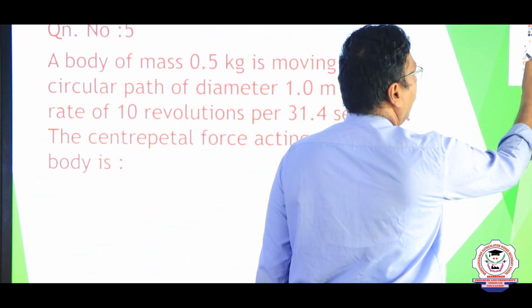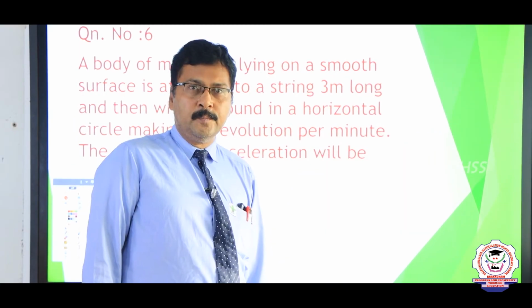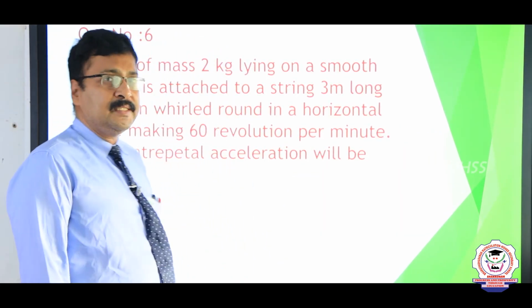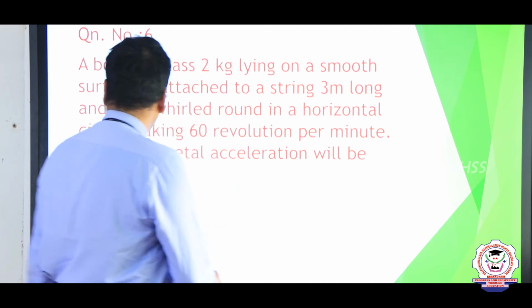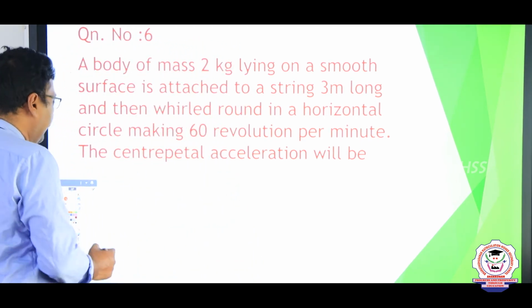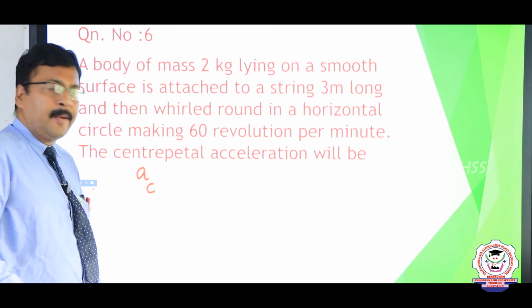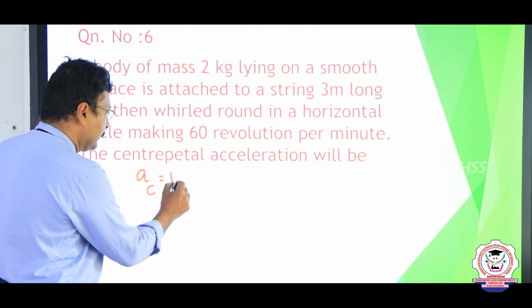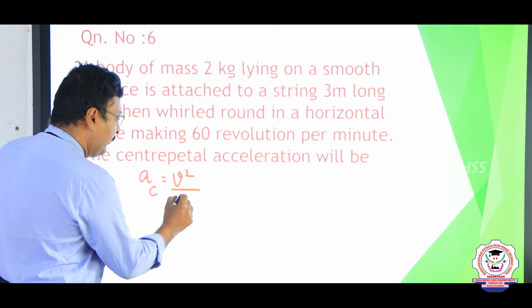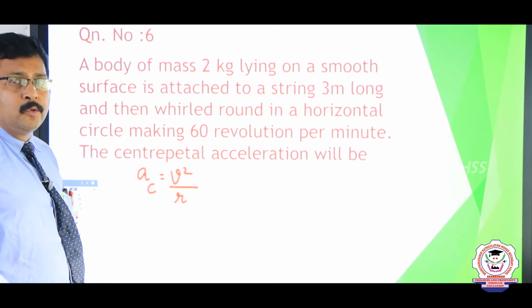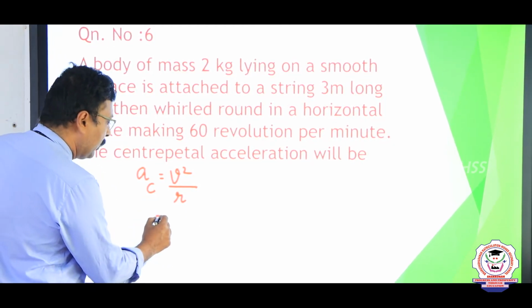Next problem we will see. In this problem, what is asked is centripetal acceleration. What is centripetal acceleration? Centripetal acceleration is a of c, given by v square by r. First we have to find out v square, or omega is given, so we can use the formula v is equal to r omega.